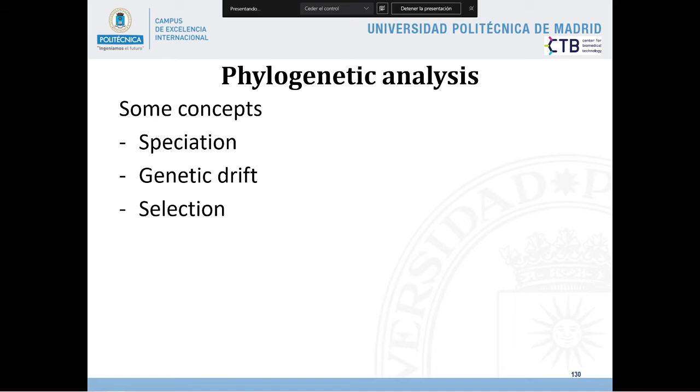Another concept is selection. Selection is due to the differential reproductive success of different genotypes. Selection removes variation that is created when something mutates, okay?